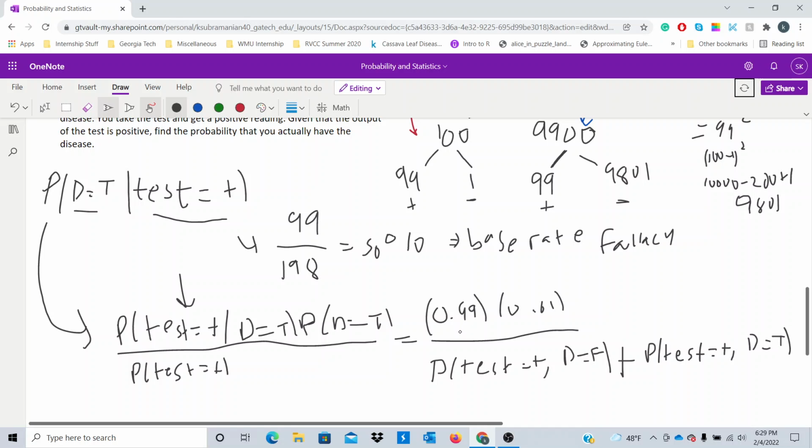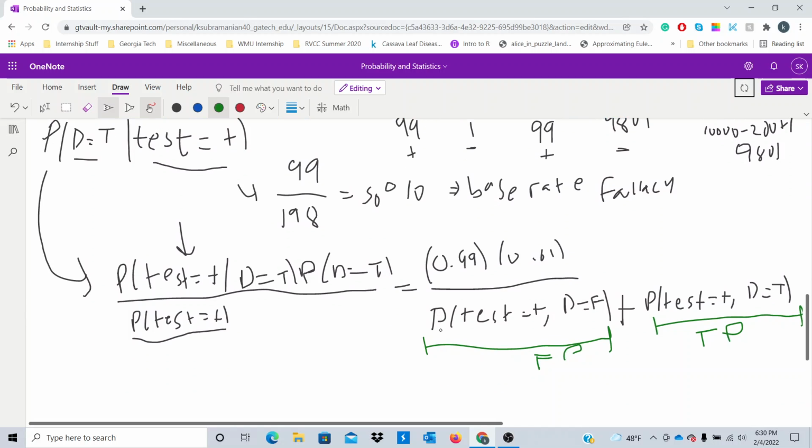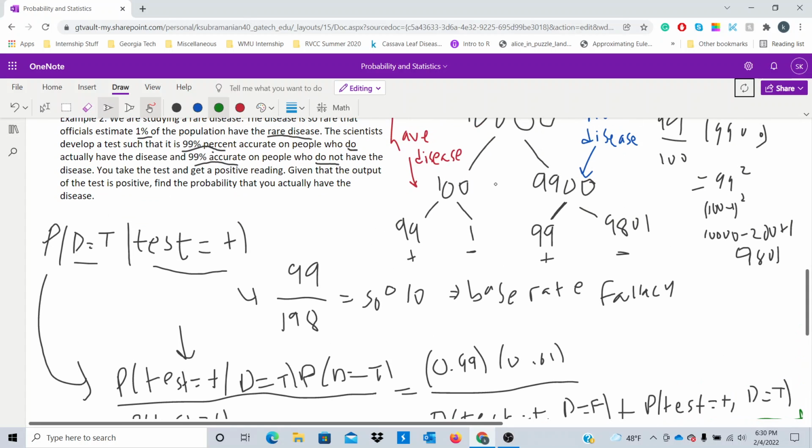Actually, wait, I misspoke a little bit. So we know the numerator: the probability that you test positive for the disease, given that you do have the disease, times the probability that you do have the disease. Now in the denominator, we want to find the probability that you test positive, right? Well, what are the ways in which you can test positive? Well, you could potentially test positive and not have the disease, or test positive and actually have the disease. So this term here would be a true positive, and this term right here would be what's called a false positive.